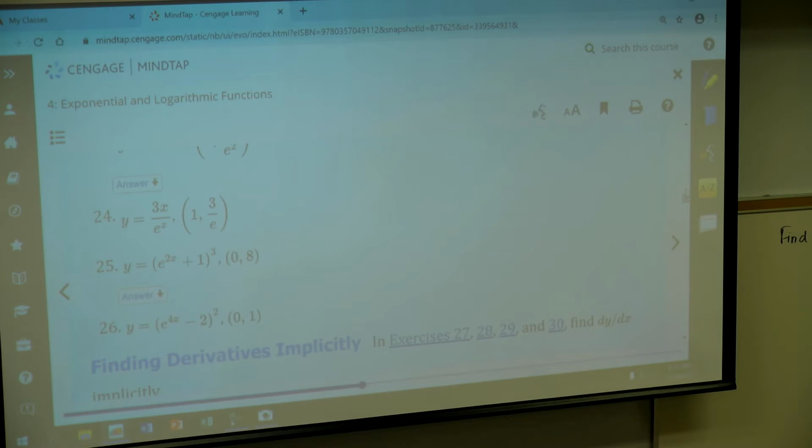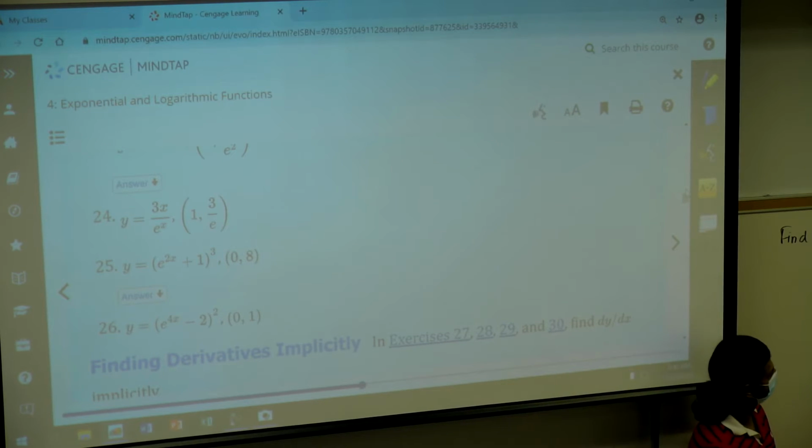The key here is to find the slope. We actually have the point, x1, y1, which is 0, 1, right? We know that. We don't know the slope. How do we find the slope?